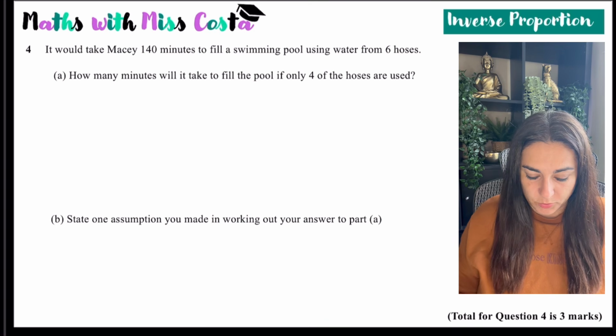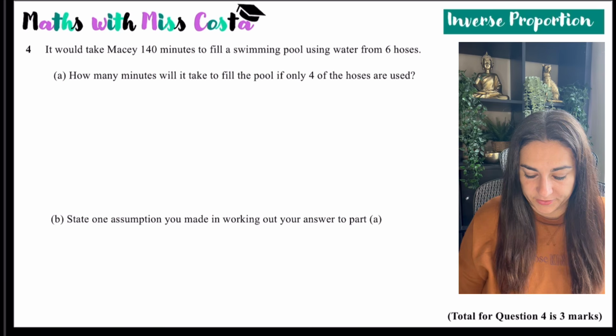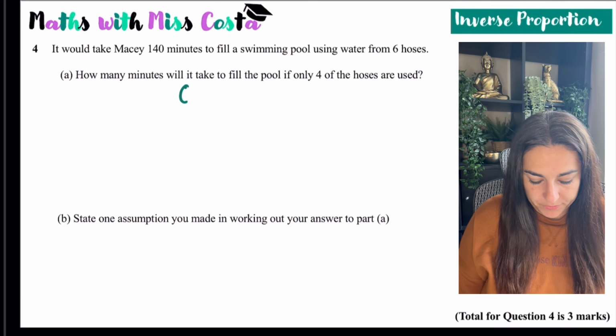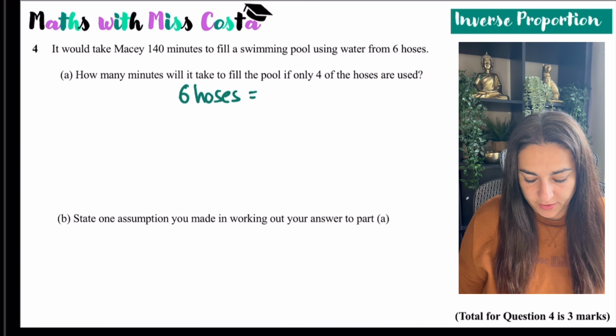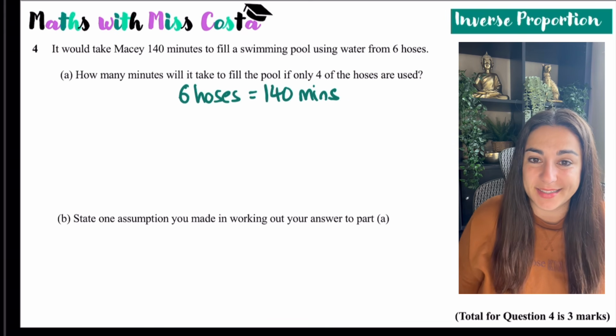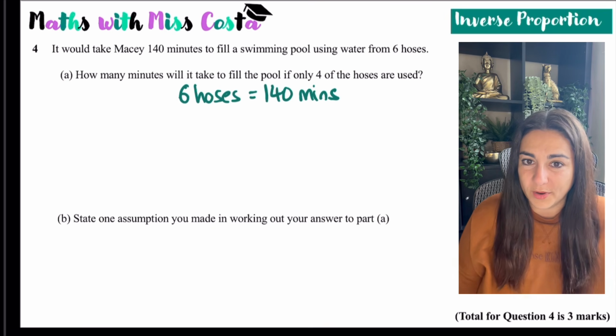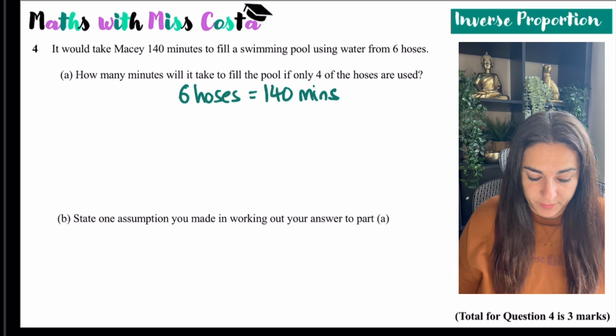So let's first of all set up our equation. We know that 6 hoses are going to take 140 minutes. Now, the best thing to do, especially because this is a non-calculator paper, is to work out how long one hose would take and then go from there.